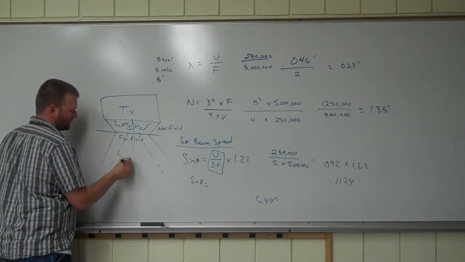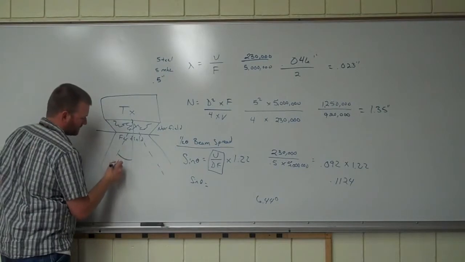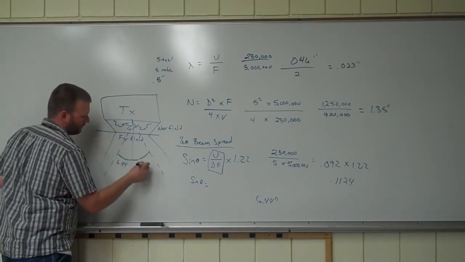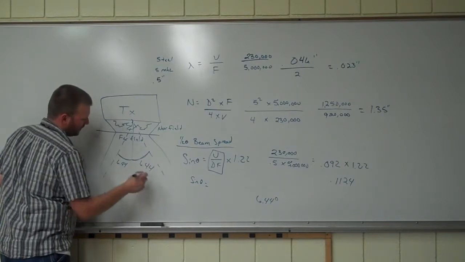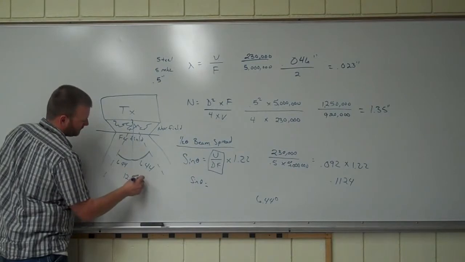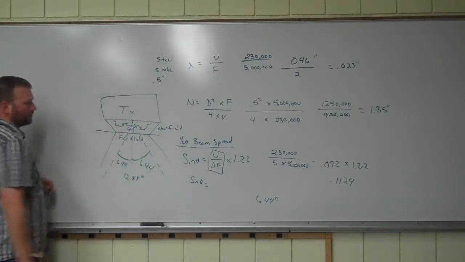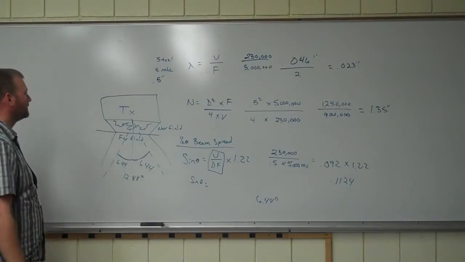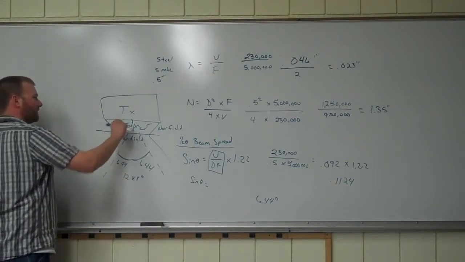If we were actually measuring, we would just measure this angle. That would be 6.4 degrees. This over here again would be 6.4 degrees. So all together, that looks to be about 12.88 degrees total beam spread. And that's just going to continue to cone out as it stretches into the material. So, near field, relatively simple.